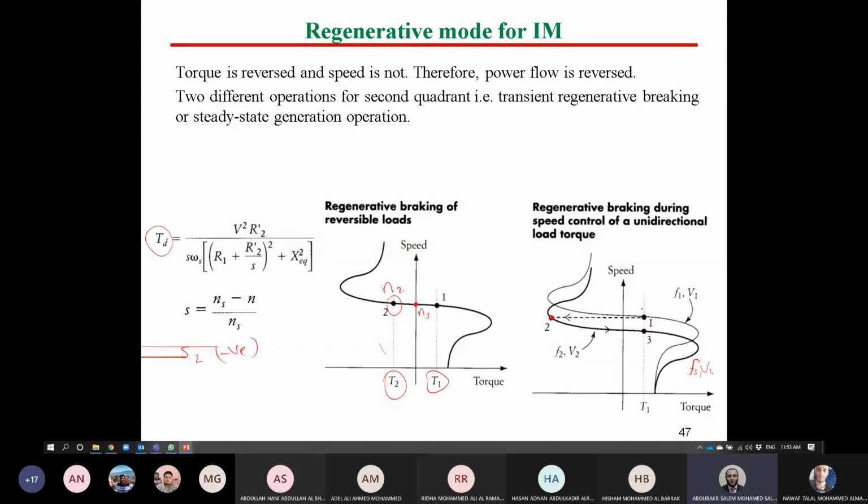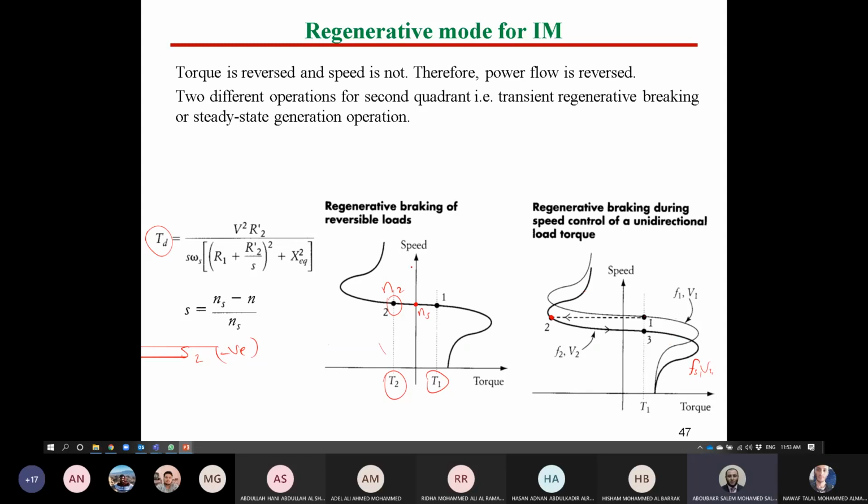So even in speed control, there is a part of the transient operation or dynamics of the machine movement from one point to another. The machine will operate in the regenerative mode. So even for speed control, you need a part of regenerative braking.